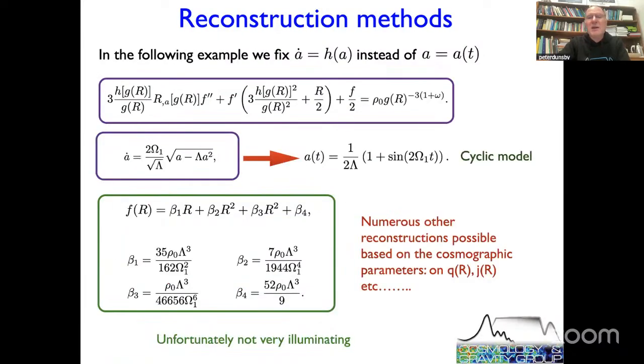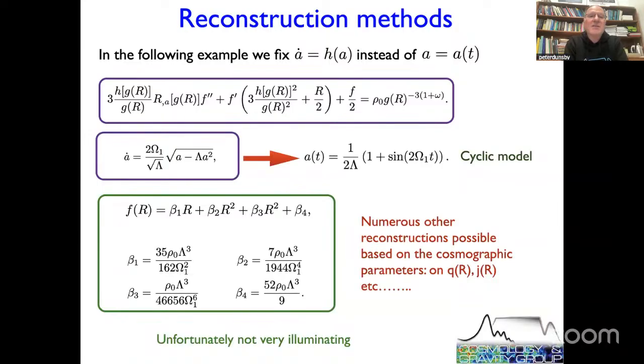Another very simple example, just to illustrate how you can go about doing these kind of things. Here we have an example where instead of setting the scale factor, A of t, as in the previous case, we instead fix the Hubble parameter, or A dot, the derivative of A, as a function of the scale factor.